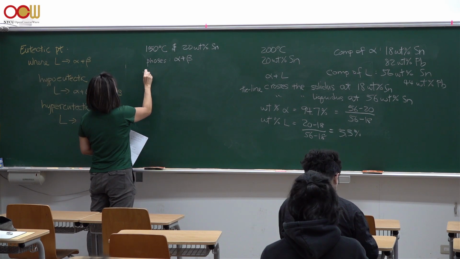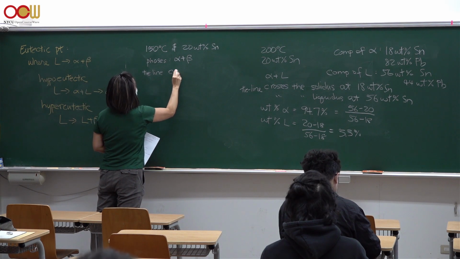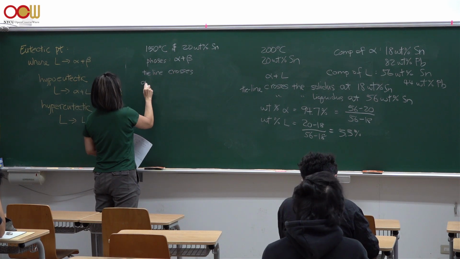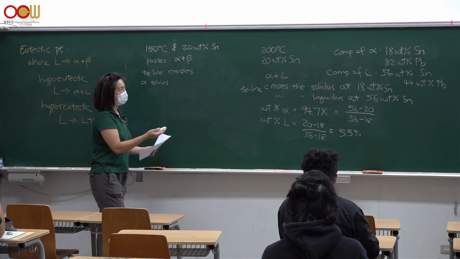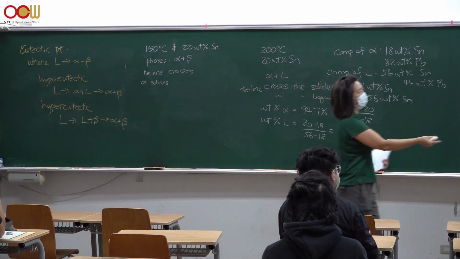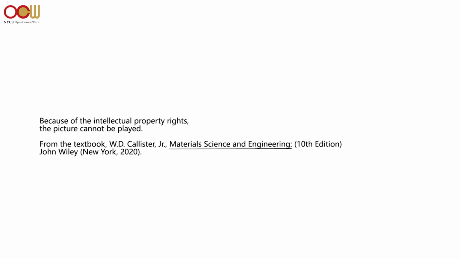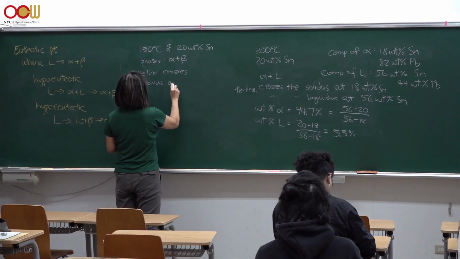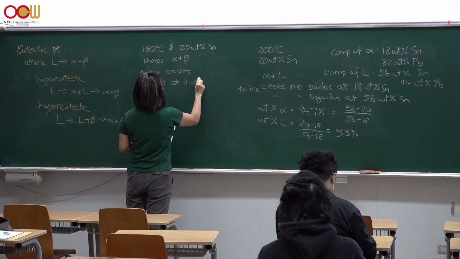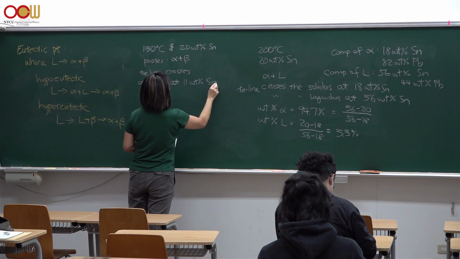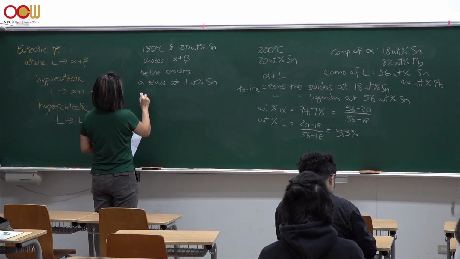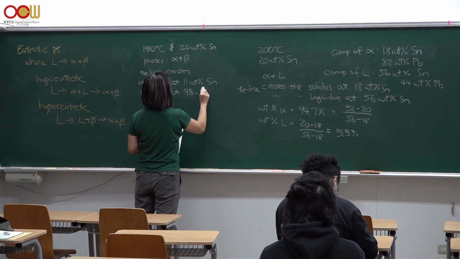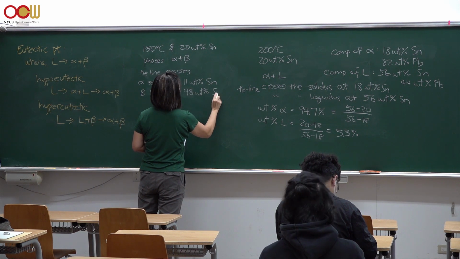And I tell you my tie line crosses the solvus, the alpha solvus. Solvus is like the solidus, but it's between two different solid phases. So this is my solidus line, and this is my solvus line. My tie line crosses my alpha solvus at 11 weight percent tin and my beta solvus at 98 weight percent tin.